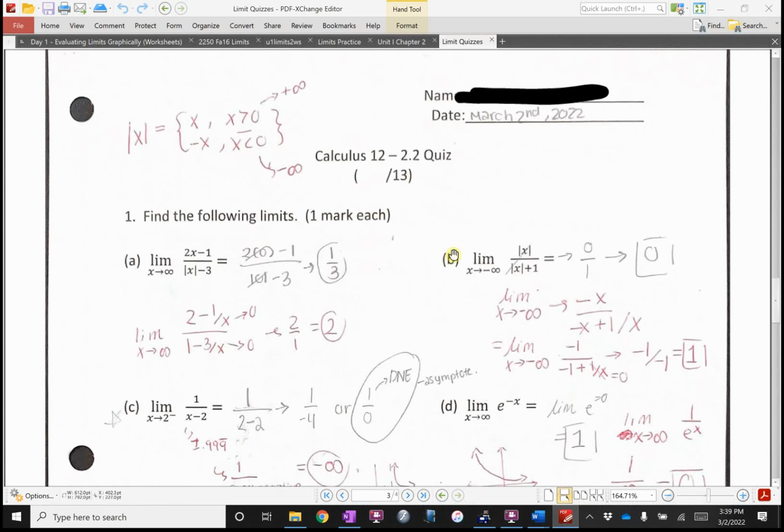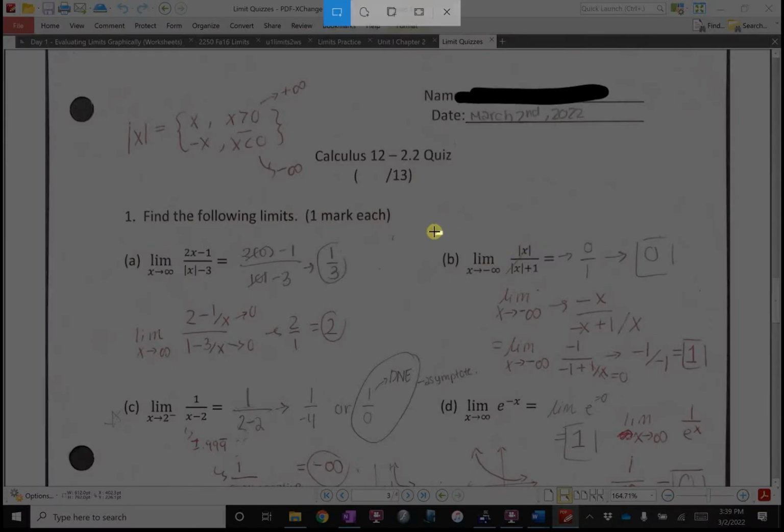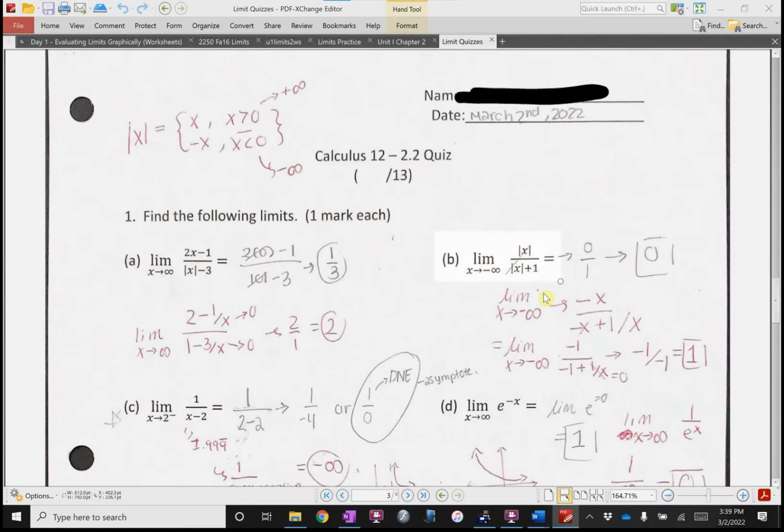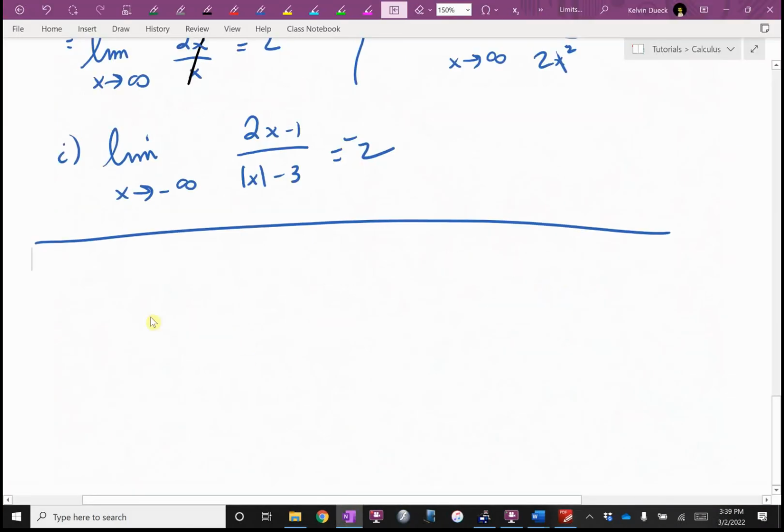Every quiz question. So B. It's going to be a similar concept with the absolute value. First of all, will putting in a negative make any difference on the top? Will it make any difference on the bottom?